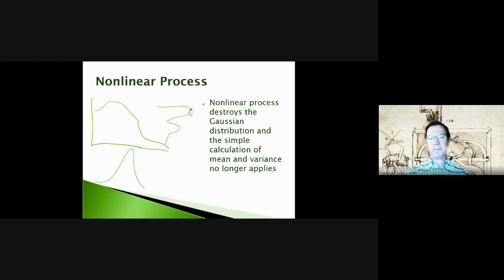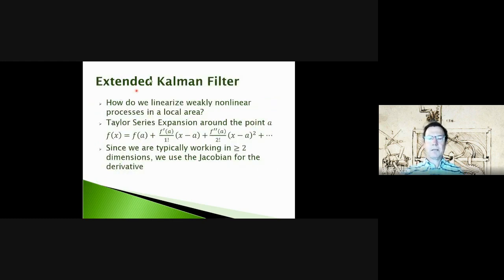It's not garbage. Maybe its mother likes it, but what does the mean or variance even mean in something like this, right? So it doesn't. So what do we do? Is all hope lost? Well, let's consider if we have a weakly nonlinear process, how do we linearize these things, right?